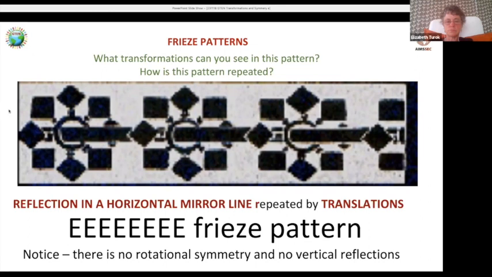But it has got a horizontal mirror line right through the middle. So the motif is the top half, with a reflection and then a translation to move it along the strip. There's no rotational symmetry and no vertical reflections here.